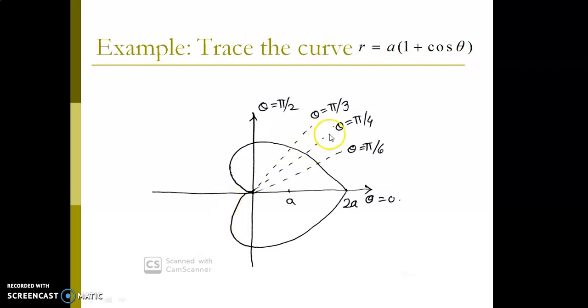And here theta equal to pi by 4, pi by 6 and pi by 3. We plot the points accordingly. Here r means the radius. When theta equals 0, the radius is 2a. When theta equals pi by 6, its value is 1.87a. In this way we plot the points and then join them, and as it is symmetrical about the initial line, we draw this graph. In this way we solve the problems of polar form.